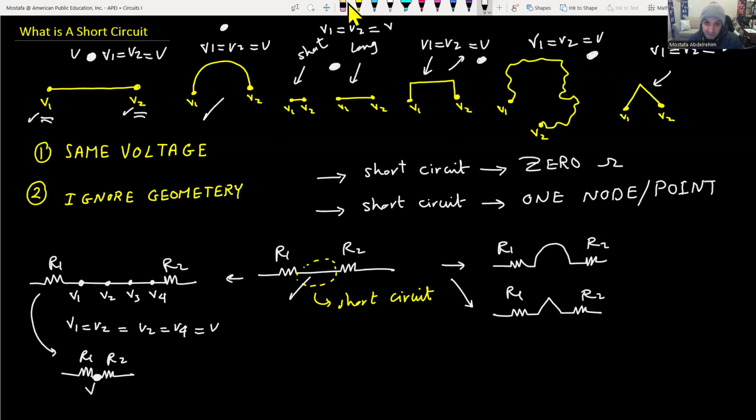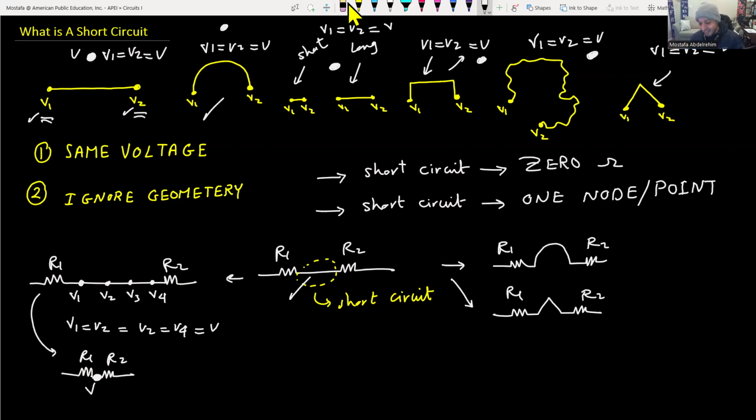That's a very, very important concept because it causes a lot of confusion, especially since you studied that R is equal to rho L over A, or L over A sigma. So the geometry is still in your mind. This was my case as well.